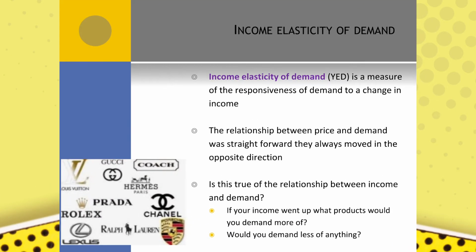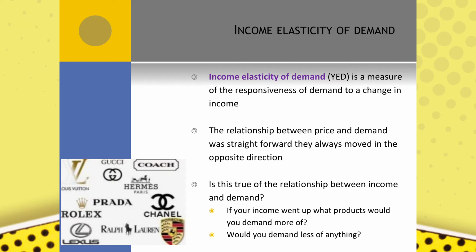Okay, so income elasticity of demand is a measure of the responsiveness of demand to a change in income. Remember, elasticity of demand is about the change of demand in relation to the price of the good, but this relationship is between price and demand with a change in somebody's income.